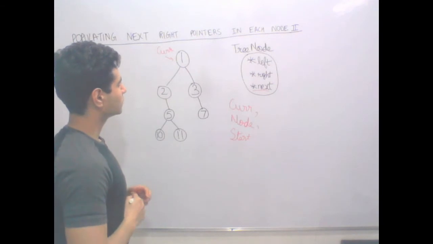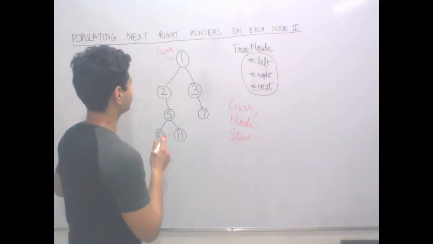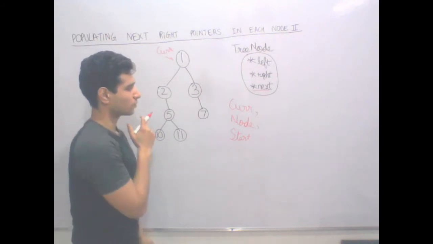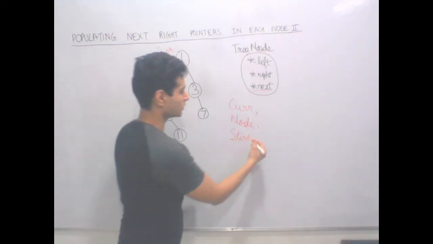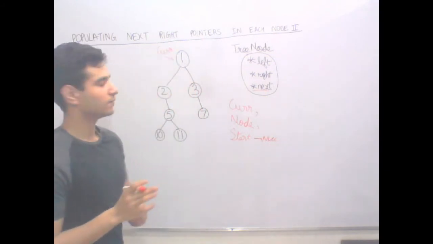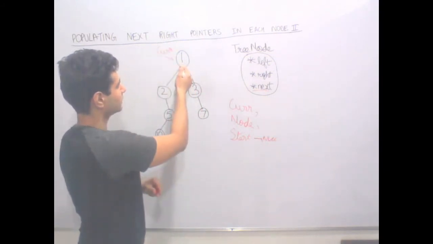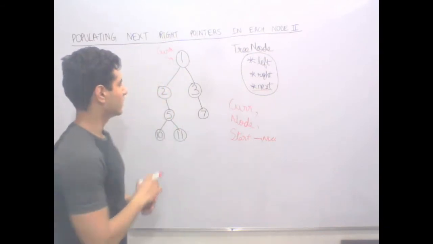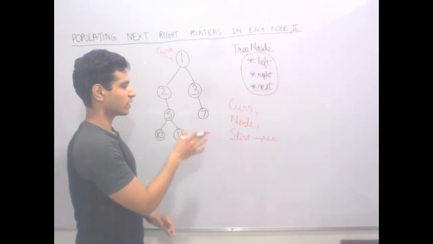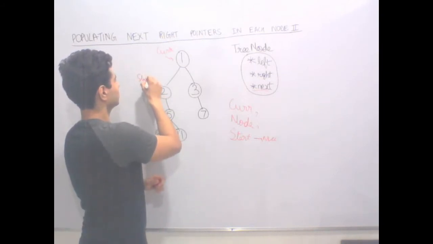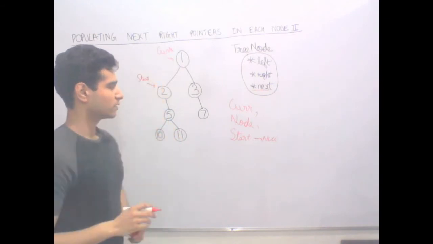So the first thing we need to do is identify what would be the start node. So start node is initially null. So we will see if current's left node does exist, and we will check then if start is null, then we will assign start to this node.